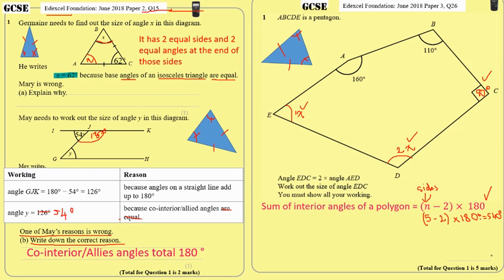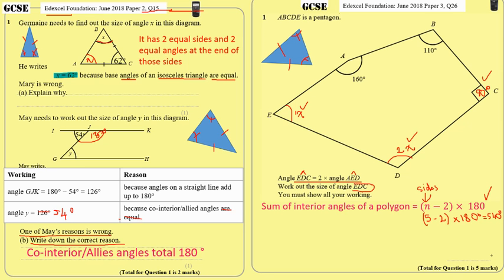So you work out the interior angles, then you read the question. This shows us the D angle and this is the E angle, and it's twice, so we use the axis. We know all add up to 540, and they ask us to work out the size of angle EDC.